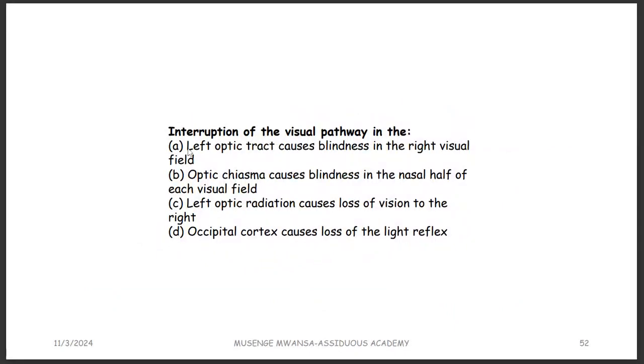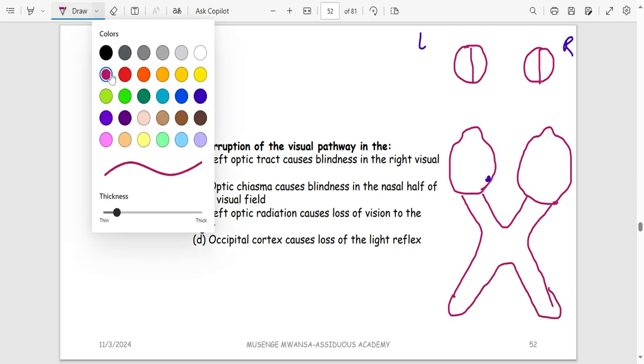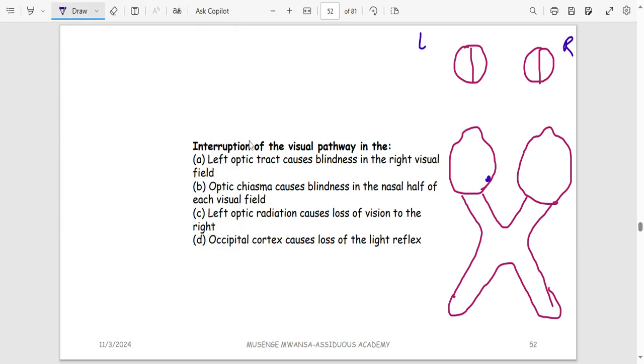So let's start with: a left optic tract causes blindness in the, okay, there. So what is coming from this side is coming to hit here, and then the fiber is continuing on the same side here on the middle aspect and then going to decussate.